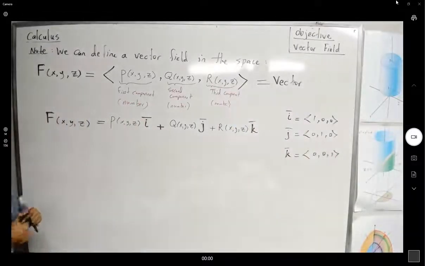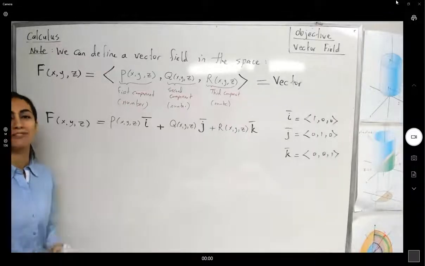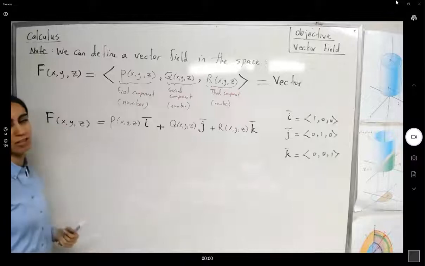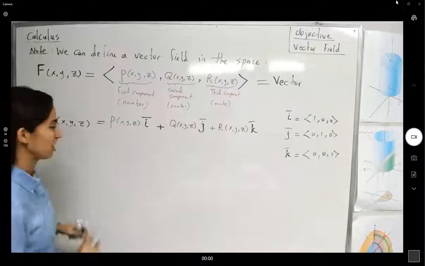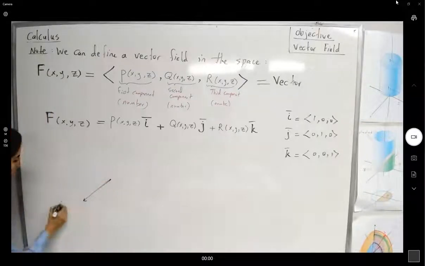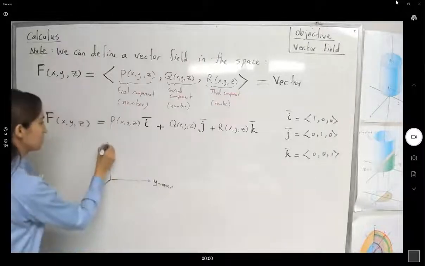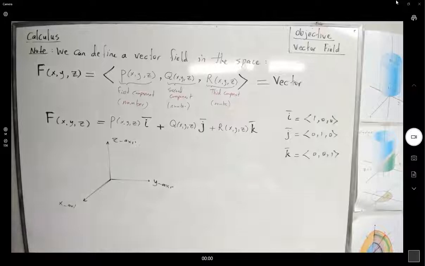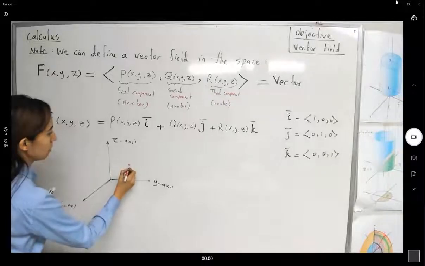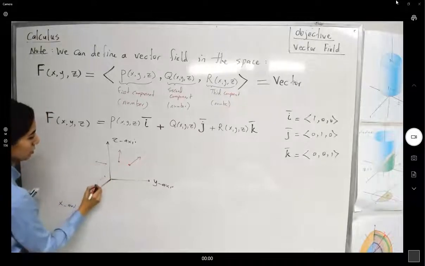Well, if we graph this vector field in this space, we have a bunch of vectors as the graph of this function in the space. We call it a vector field, a field of vectors. X-axis, y-axis, and then z-axis. Well, you might have this behavior for your vectors. They might be diverging. These are some vectors.